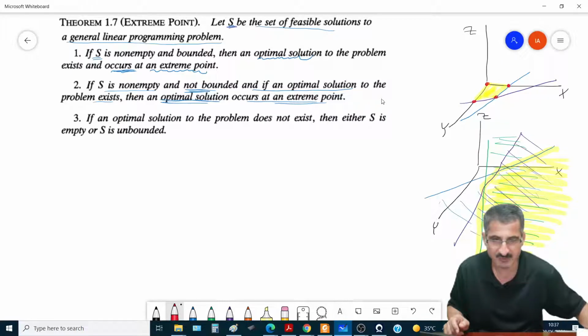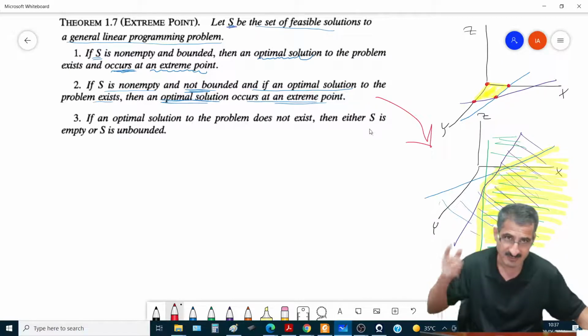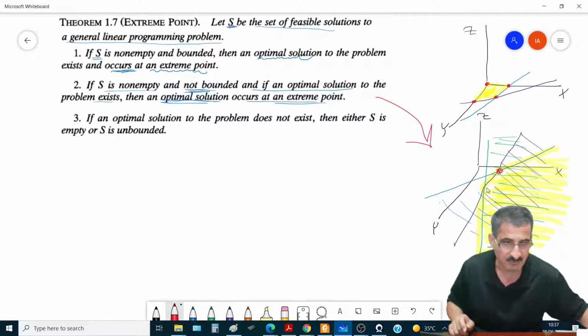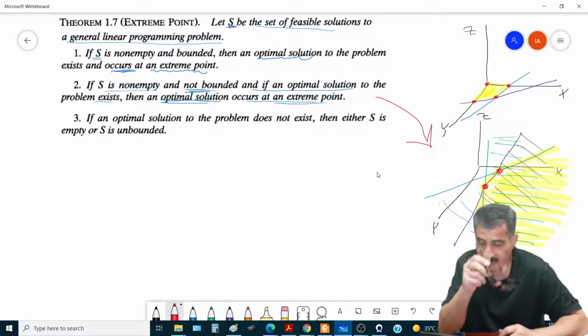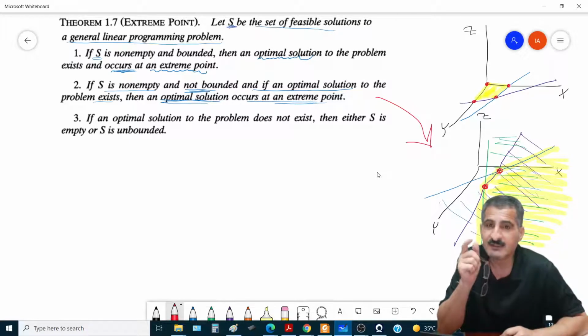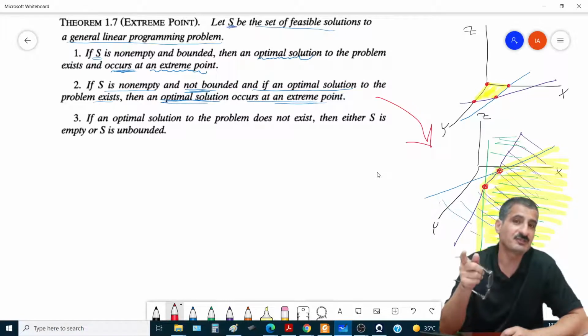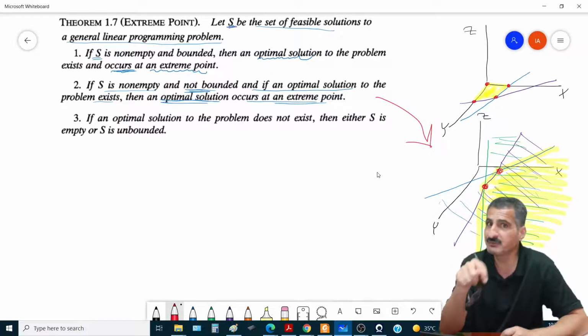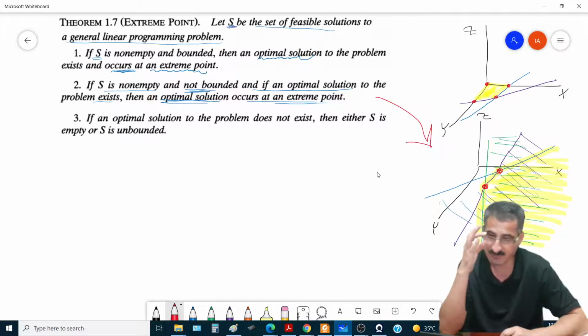The theorem says if this has an optimal solution, then it will occur at the extreme points. It does not say that the system must have an optimal solution at an extreme point. No, extreme points may exist but still the system does not have optimal solutions at them. But if the system does have such an optimal solution, it must be at one of them.